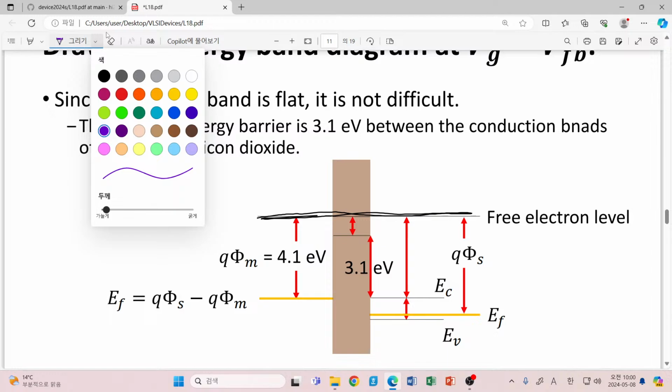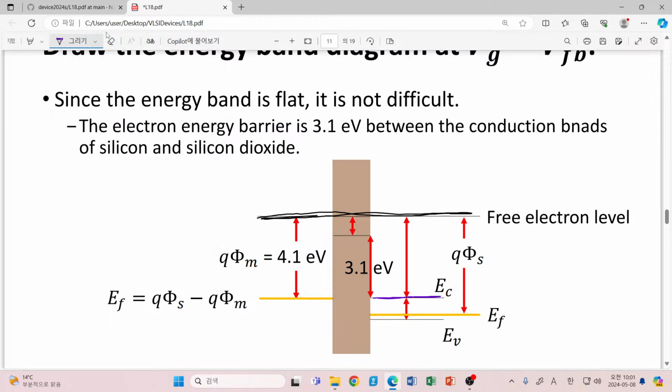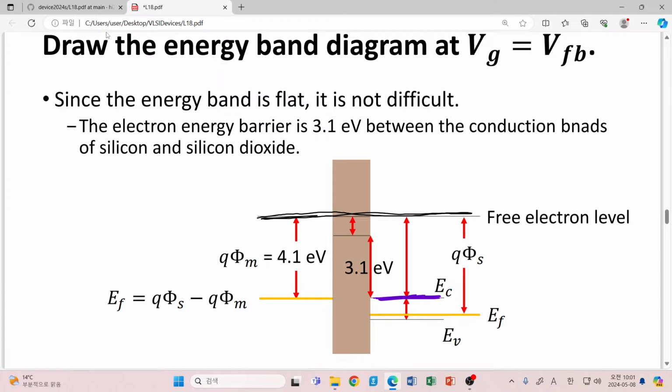For example, this corresponds to the conduction band of silicon, and here we have a 3.1 eV difference between silicon and silicon dioxide, and here we also have a flat band, so it can be regarded as just a 3.1 eV barrier here. Okay, that will be the case at gate voltage equal to flat band.